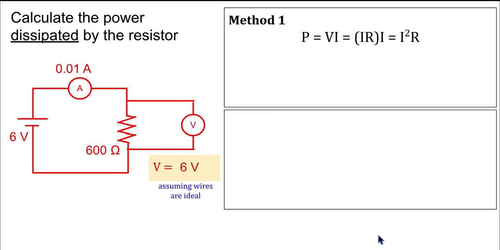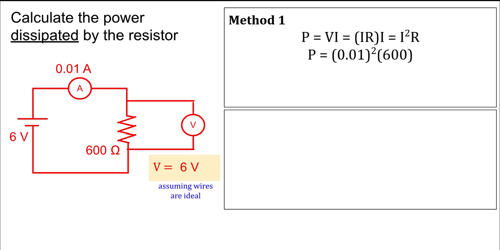So let's take a look at this equation, P equals V times I. Knowing that voltage is current times resistance, V equals I times R, we can substitute an expression for that letter V. So changing it from V times I to IR times I, and then using some algebra, this would be I squared times R. Again, this is something that's going to be coming up later in our class when we look at more complex circuits.